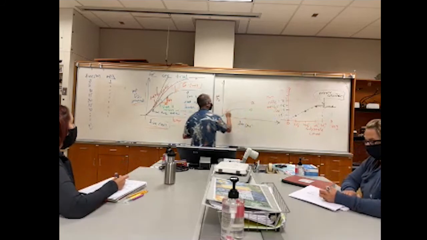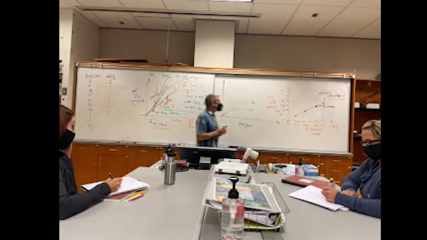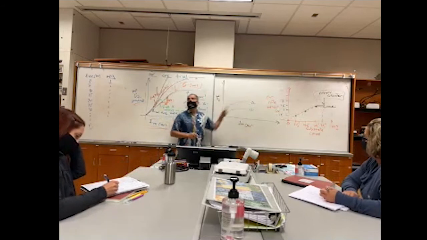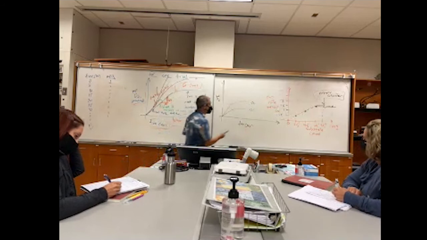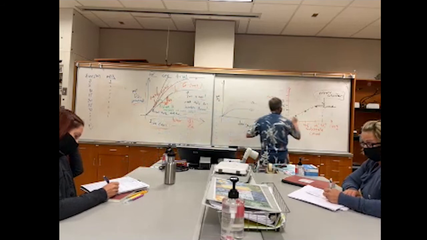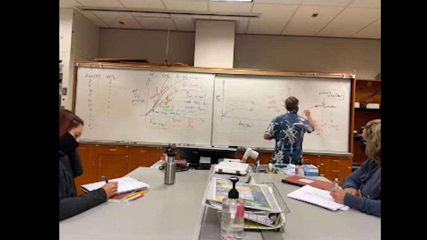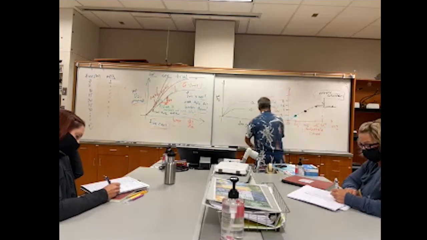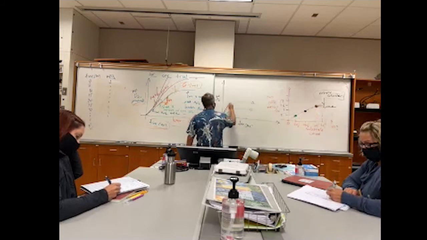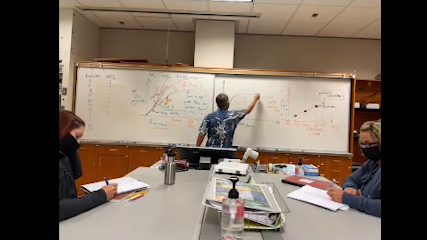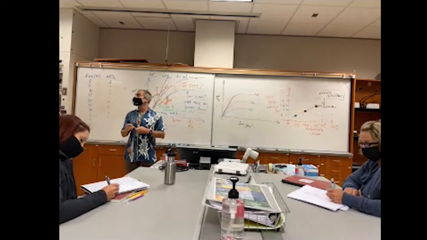Steeper slope means higher number here, also means it's faster. And ultimately, we made more oxygen as well. Maybe I should color code. Now for this one, it's even faster yet. And we'll also ultimately make more oxygen by the time we finish breaking down all the hydrogen peroxide there.